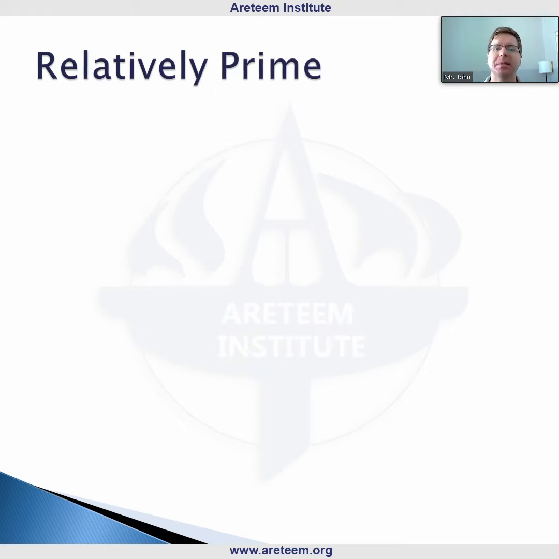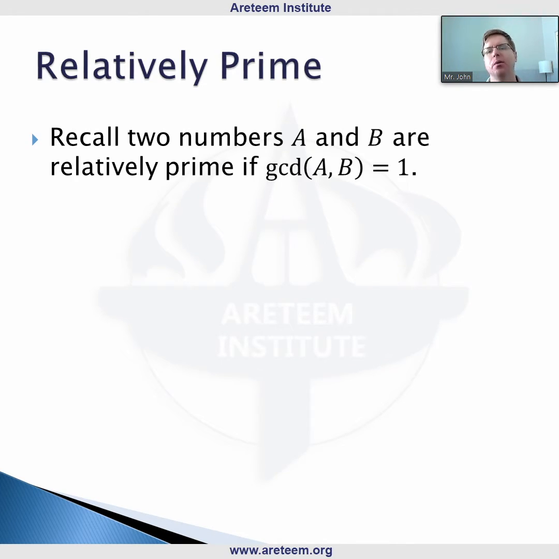We're going to look at something slightly different today, dealing with relatively prime numbers. So, a quick review of the definition. Remember, two numbers are relatively prime if their greatest common divisor, their greatest common factor, is 1. They have no common factors at all except 1, which is a common factor for any two numbers.